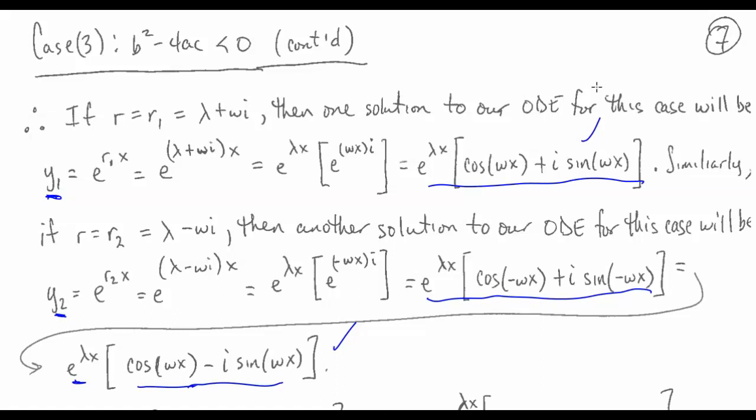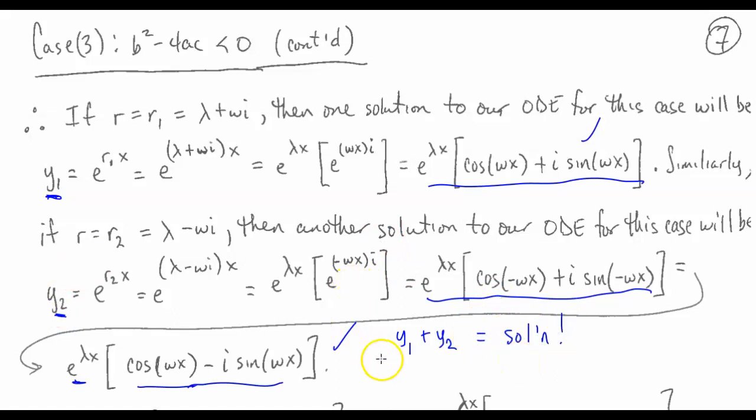Now, luckily, one of the things we can do is use the fact that any linear combination of the fundamental basis of solutions is also a solution to the differential equation. So what that means is that if I add my results for y1 and y2 together, this would also be a solution to the same differential equation.